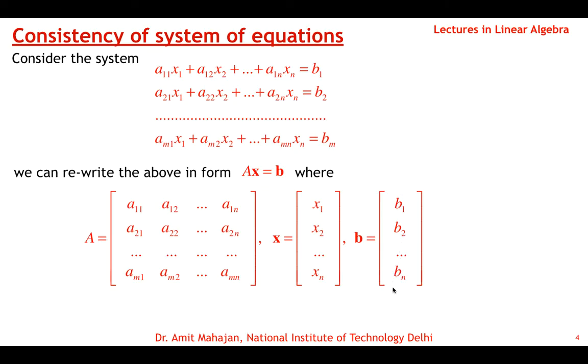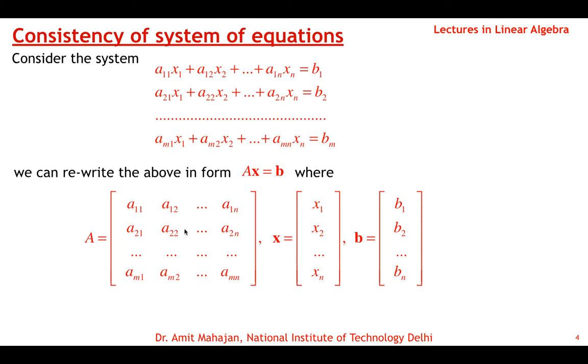So this is bm and not bn. So Ax is equal to b, where the right hand side is the column matrix b1, b2, bm. X is the column matrix for the unknown variables x1, x2, xn, and A is the coefficient matrix for the left hand side coefficients.